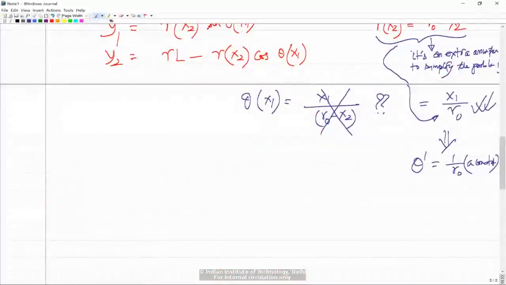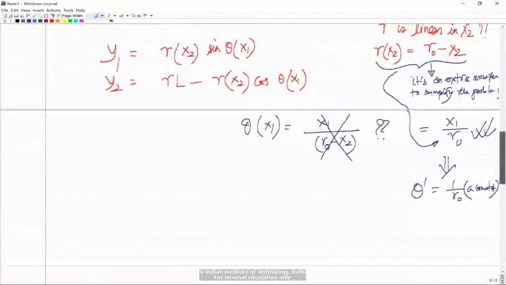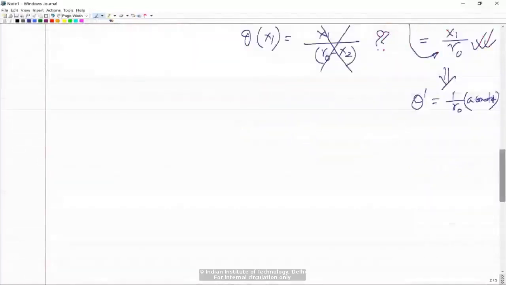Meenal says, but if every x2 equal to constant line is bending circularly with the same center, then they should be like concentric arcs, and then h should remain the same. What is h here? Oh, you mean the height.